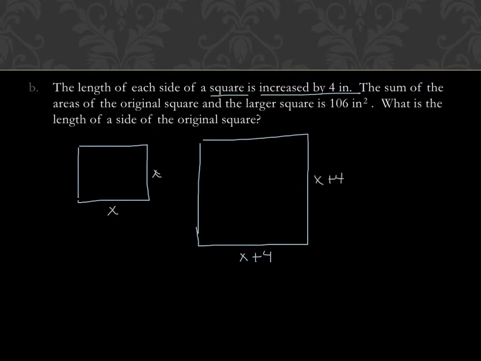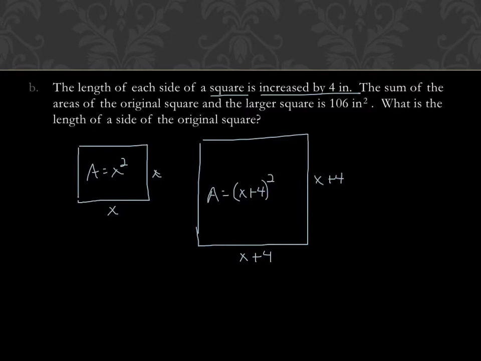The sum of the areas of the original square and the larger square is 106. So if I look at the original, the area is length times width, so x squared. And then on the new one, the area is going to be x plus 4 times x plus 4, or x plus 4 squared. And it says the sum of those areas is 106.